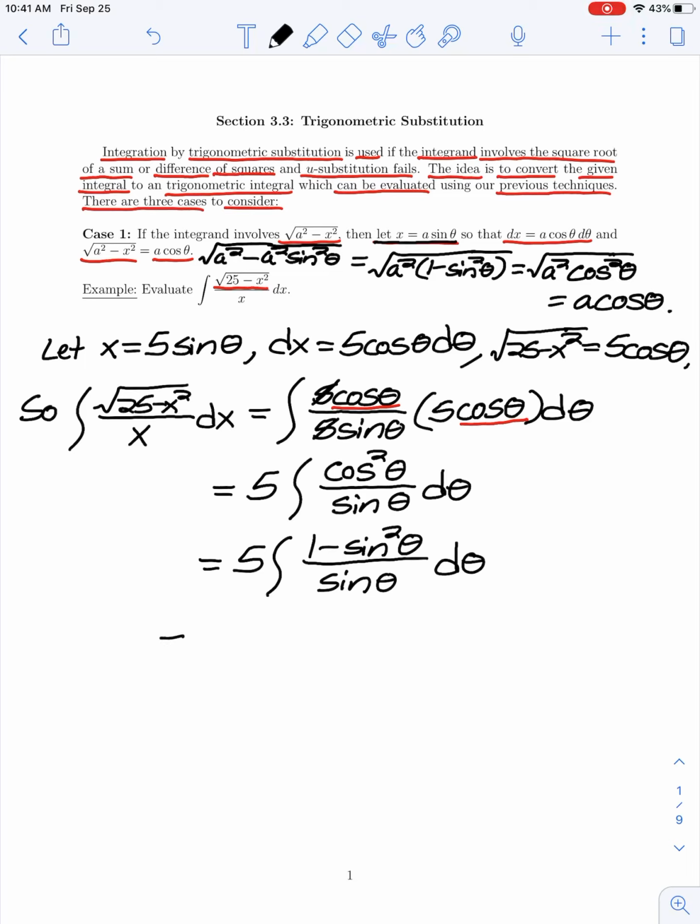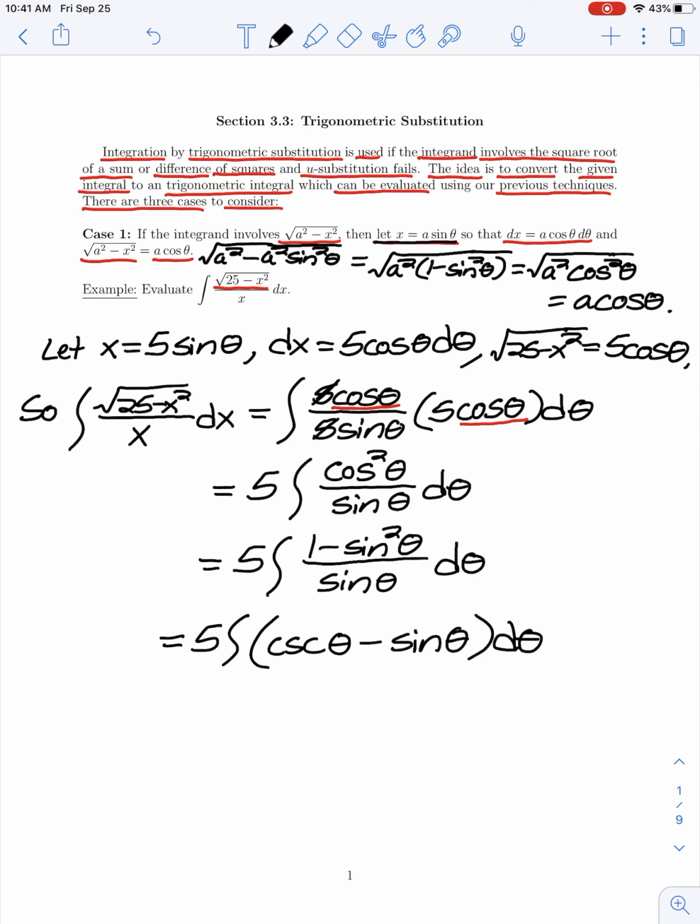So if I split this integrand into two parts, I would have 1 over sine of theta, which is cosecant theta, minus sine squared theta over sine theta, which is sine theta d theta.